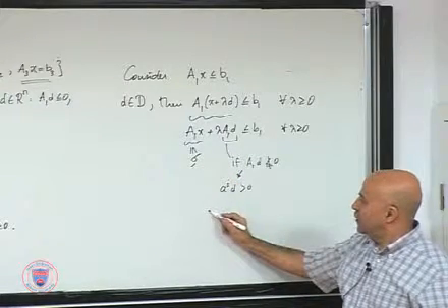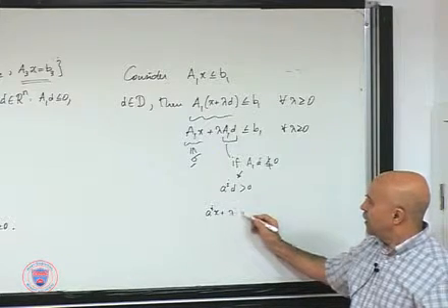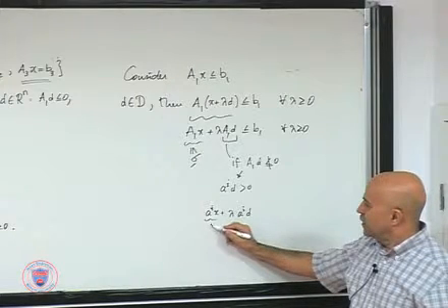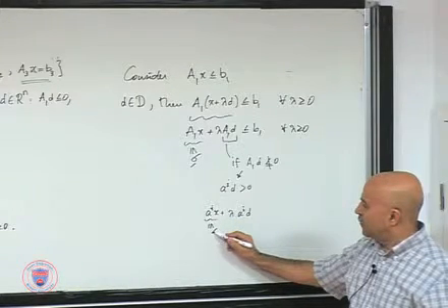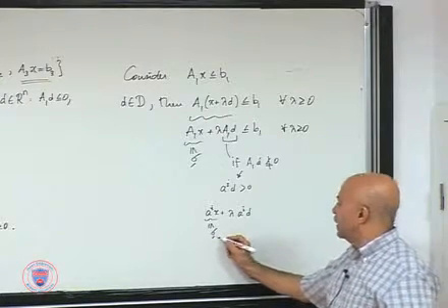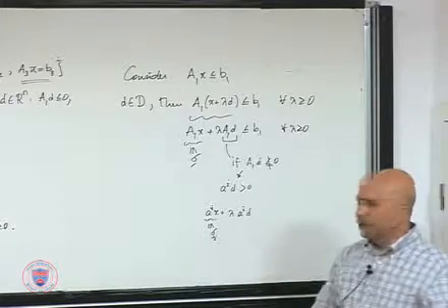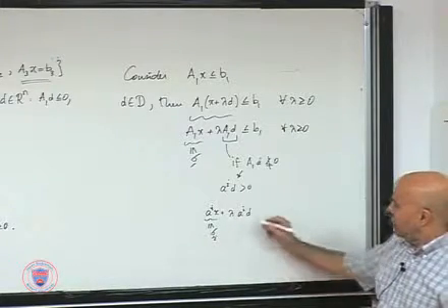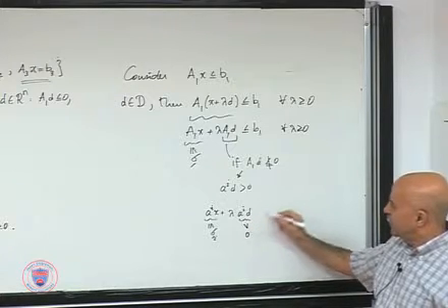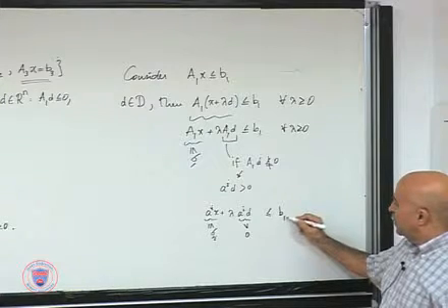And in that case, of course, AiX plus lambda times Aid. Now, this part is less than or equal to some number, say B1i, the ith component of the vector B1, okay? And this part is positive, and you require this to be less than or equal to B1i.